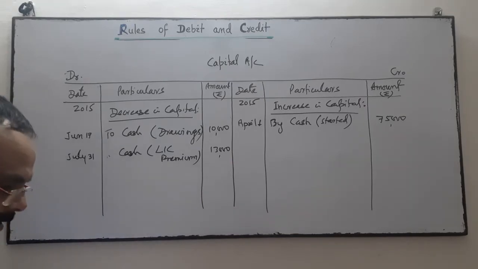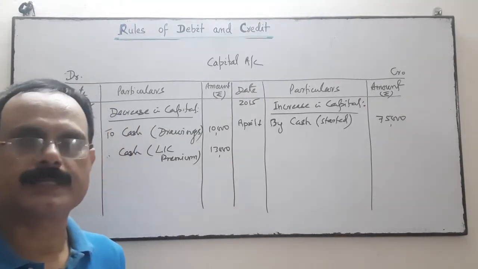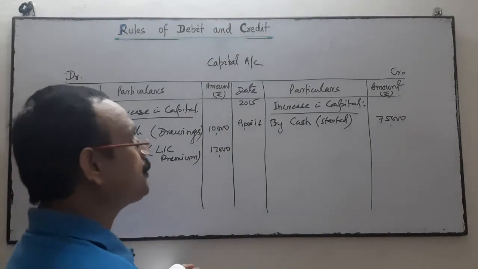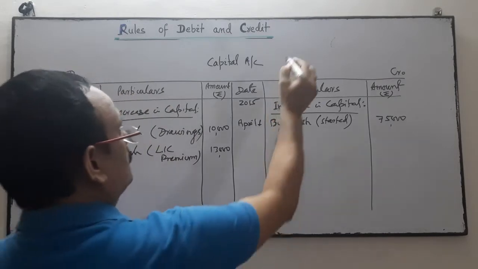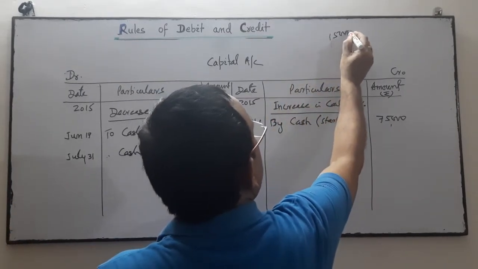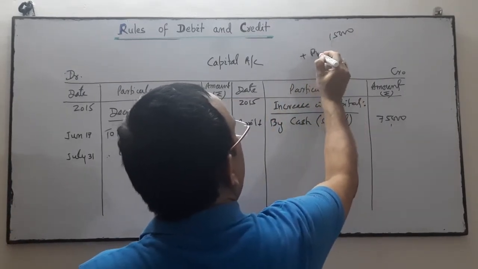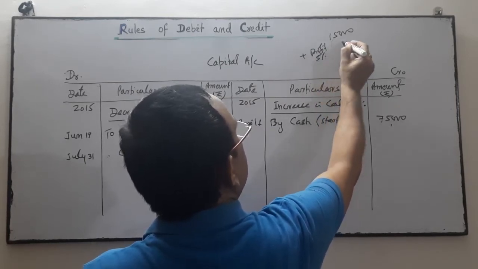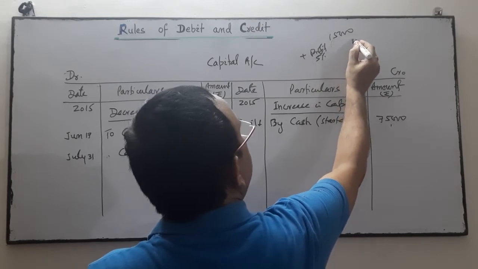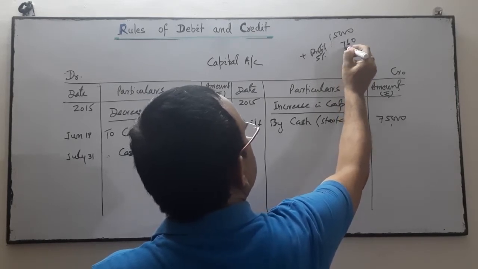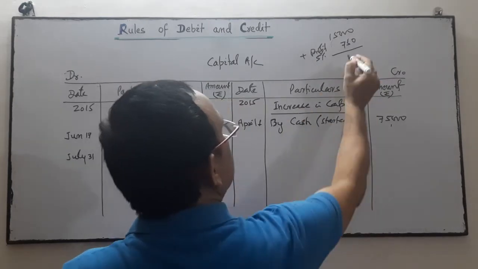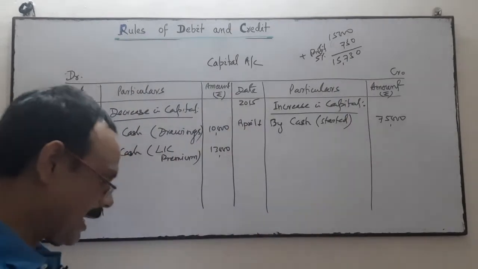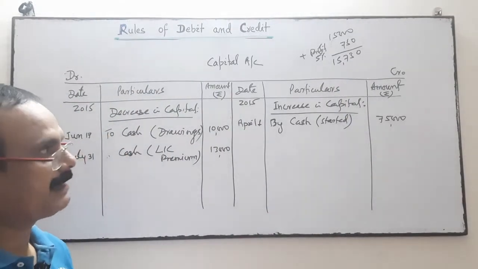Next is sold personal investment worth rupees 15,000 at a profit of 5%. A personal investment of rupees 15,000 is sold at a profit of 5%. It means 5% is 750, so it has sold at rupees 15,750.